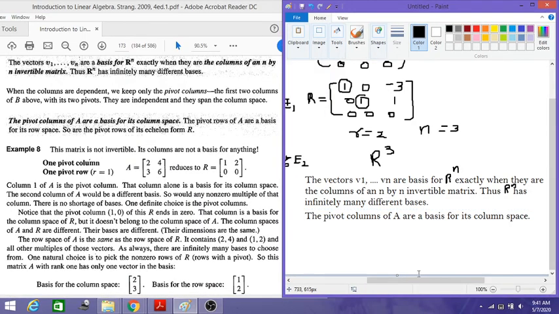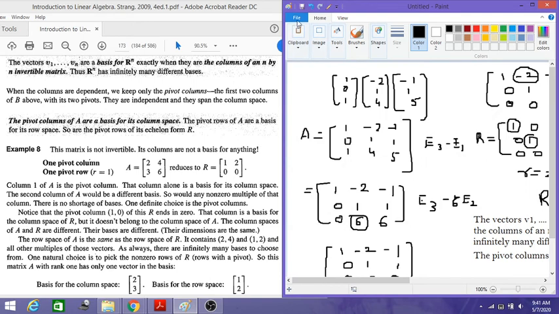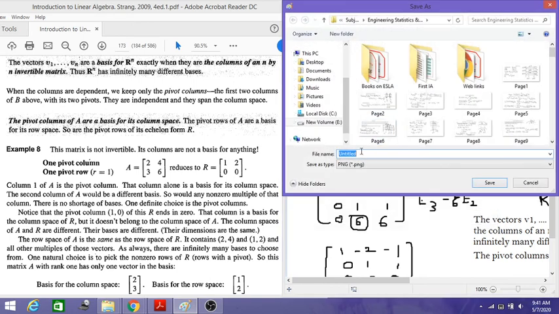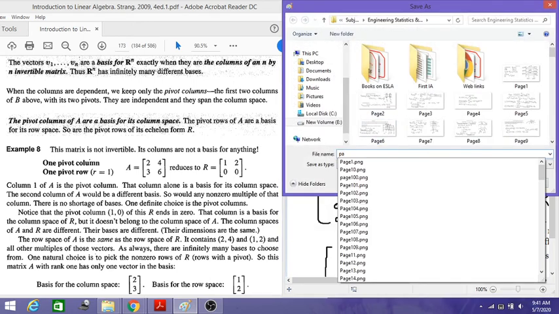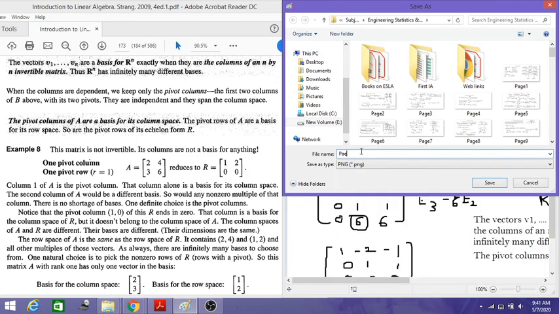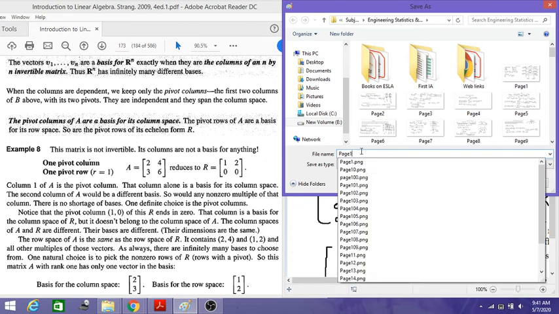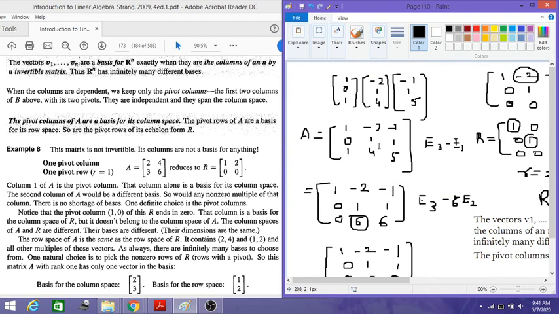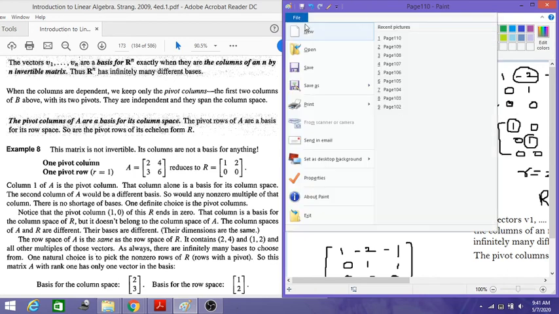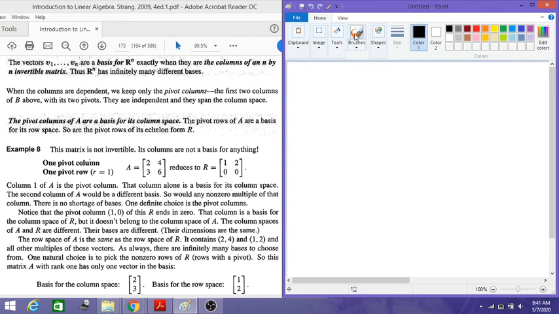A 2 cross 2. So let me save this page here. If I take one more matrix A, which is a 2 cross 2 matrix, that is 2 4 3 6. Let me write it neatly.